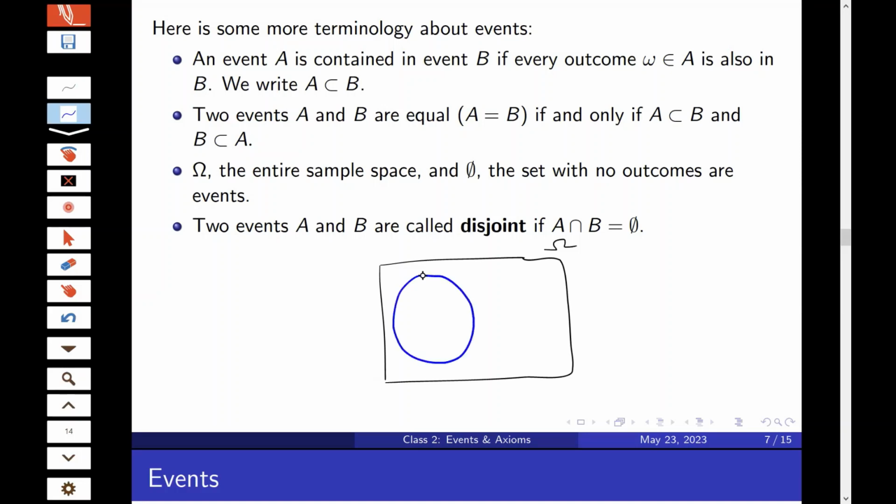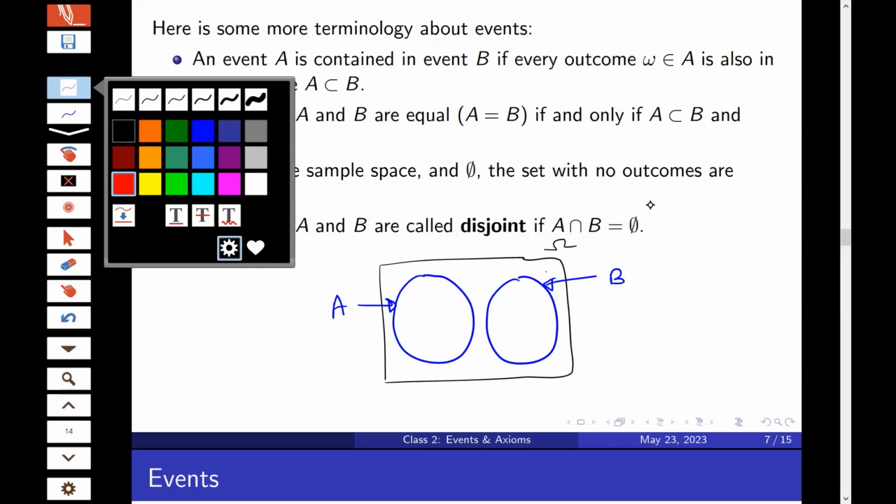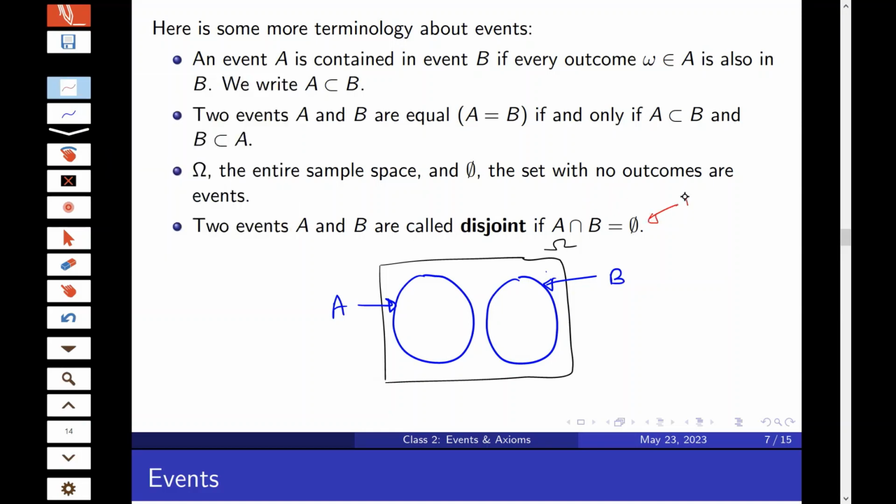This is event A and this is event B. There's no common area for A and B, so the intersection is a null or empty set. No common outcome, so that's why it is null.